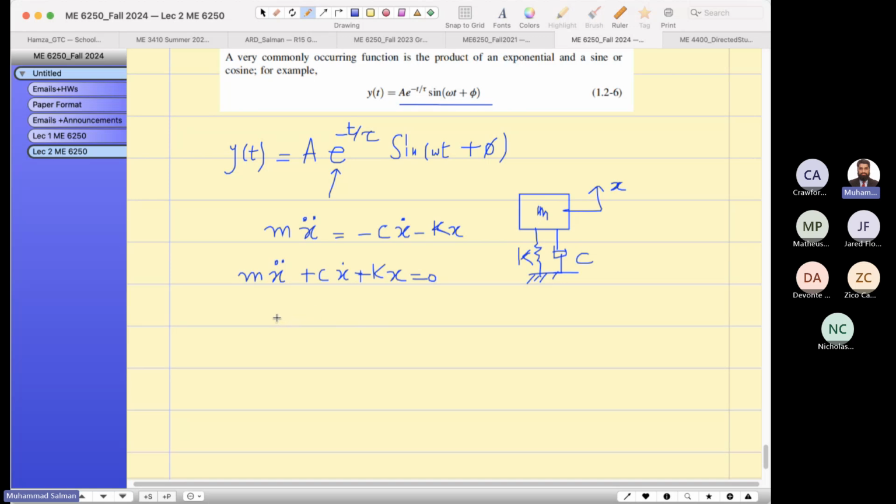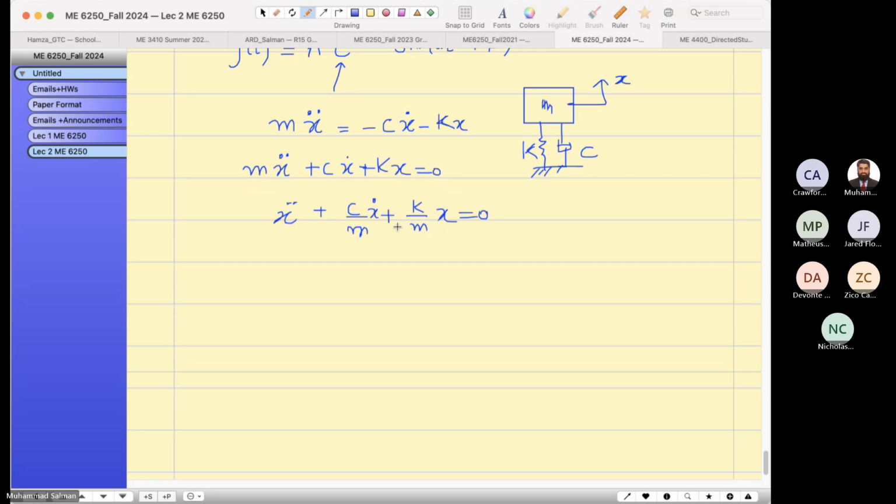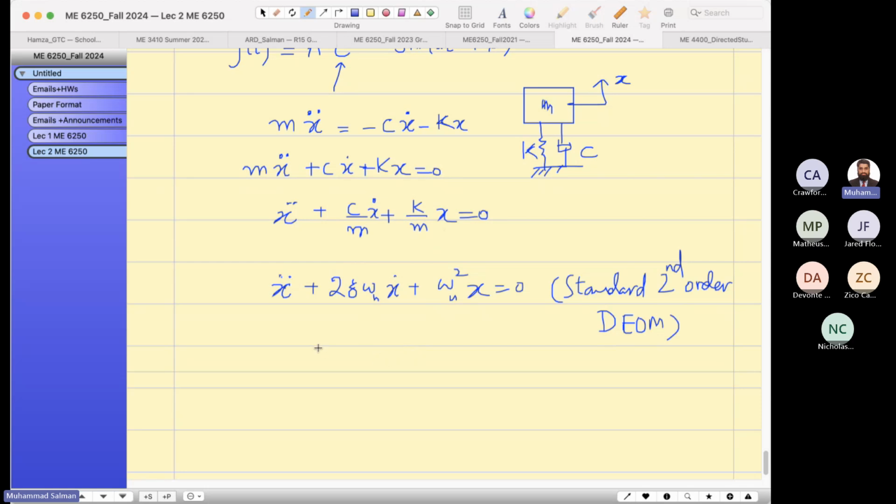And if you compare it with the standard form, this is a standard second order differential equation of motion.